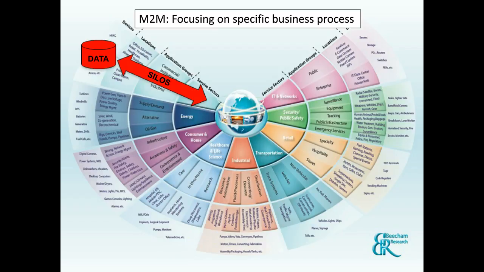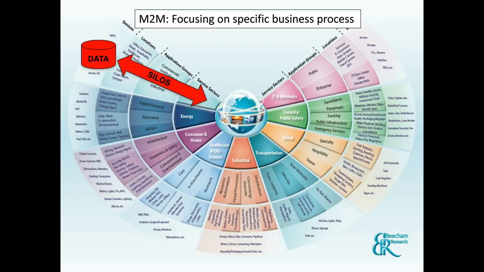So it's very silo-based. It's very much in a particular sector. In fact, it's usually in a particular subsector where all of the devices are very similar. So in a transport type of environment, it could be just trucks in a fleet management type of application. And that would be a typical M2M application.